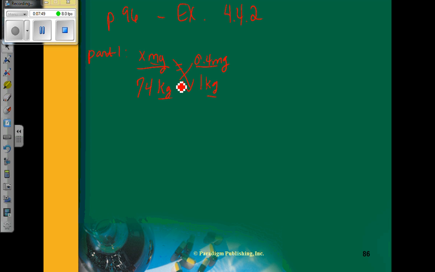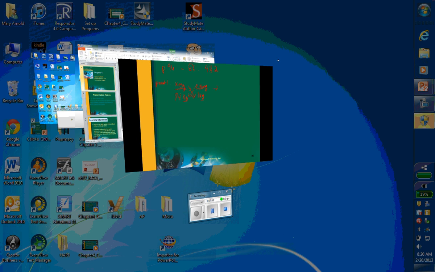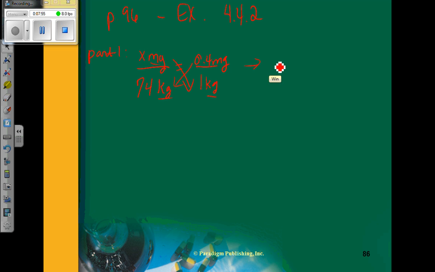You're going to cross multiply. 1 times X is 1X. 74 times 0.4 would be 29.6. So it is 29.6 milligrams of dose.